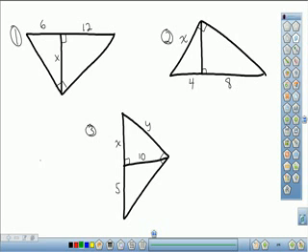Maybe? You want to work with somebody, you want to compare answers with somebody, feel absolutely free to do so.